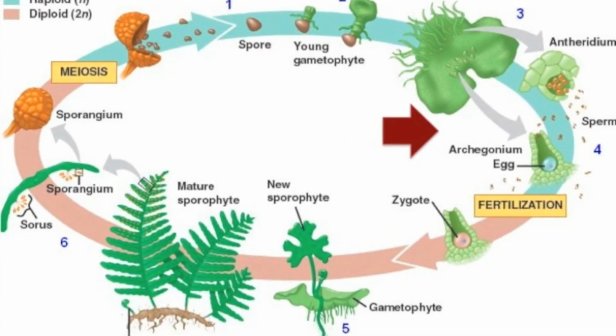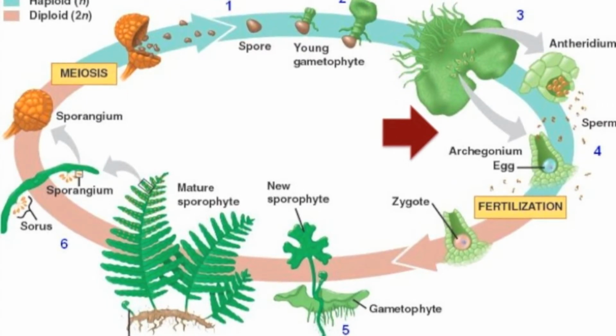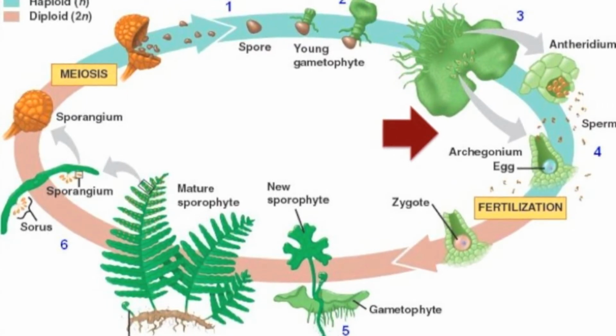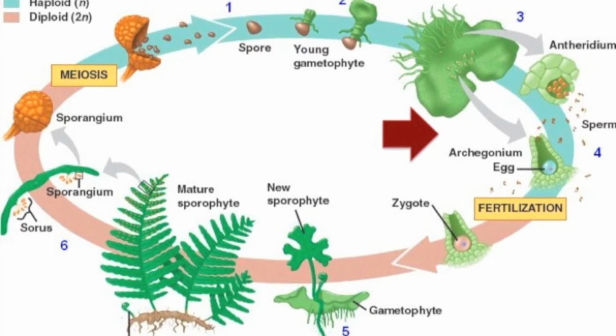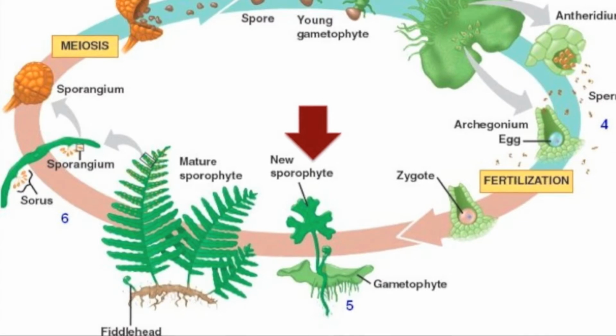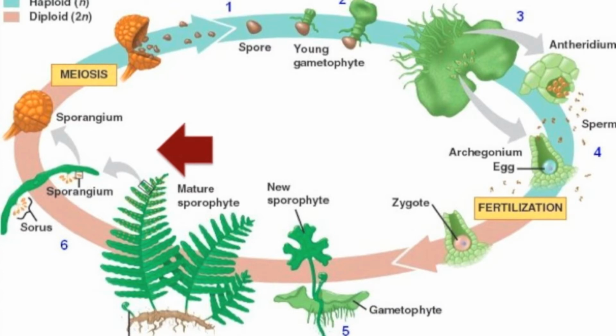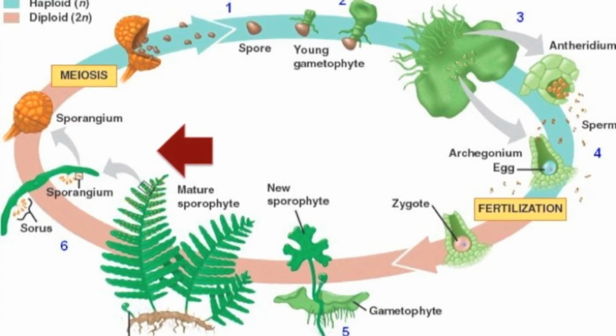Each gametophyte has both male and female sex organs, which are sperm and egg cells, and can fertilize itself or others. A fertilized egg develops into a new sporophyte, and the young plant grows out from its parent, the gametophyte. Once the plant is large and mature, the new spores grow on the underside of its leaves, and the cycle begins again.